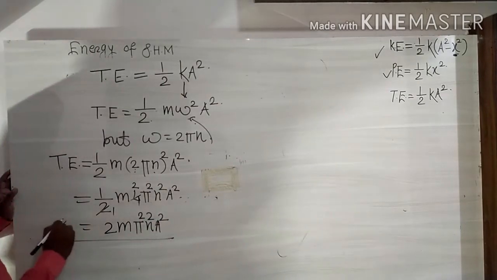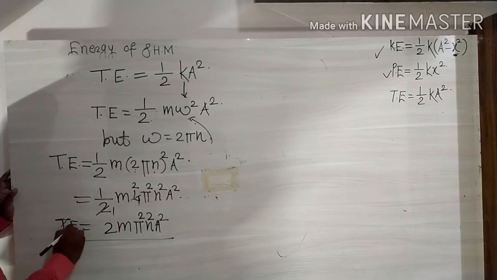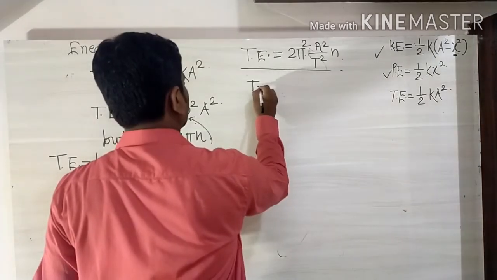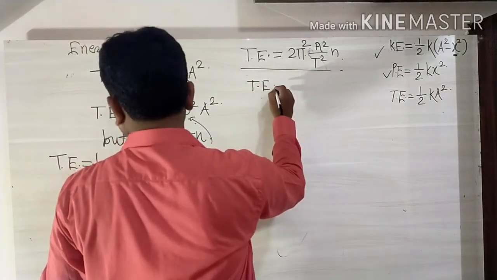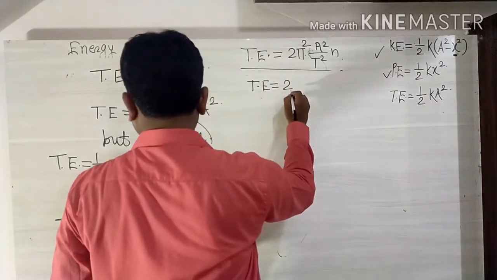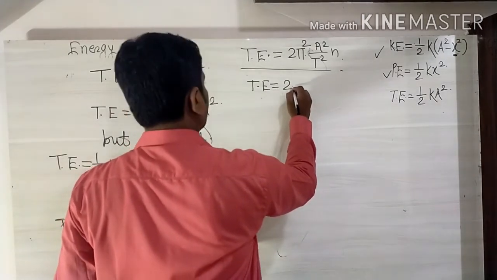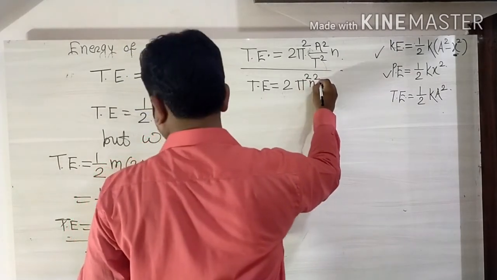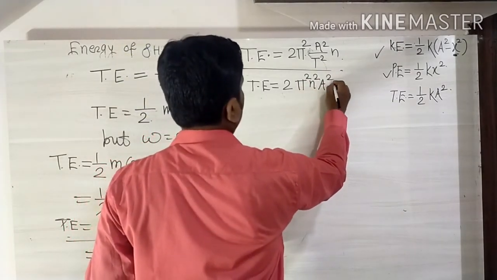We get the total energy in that system: total energy is equal to 2 pi square n square a square m.